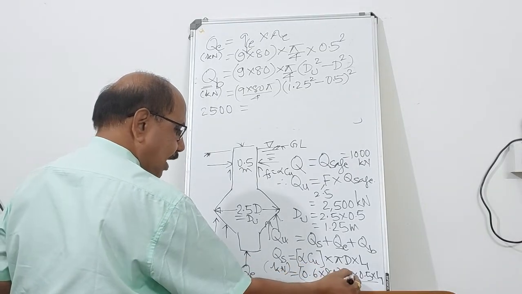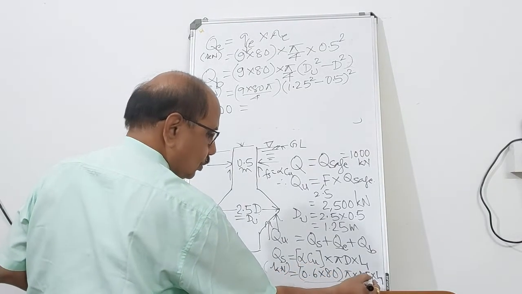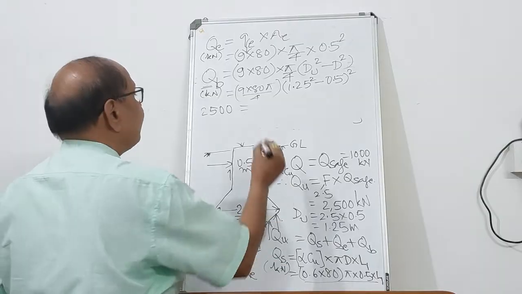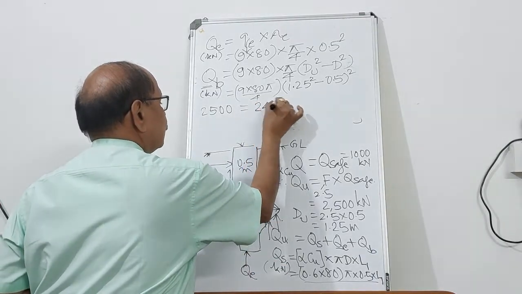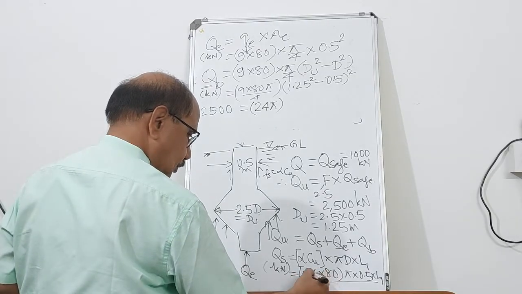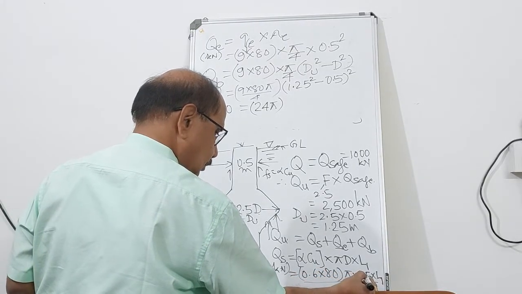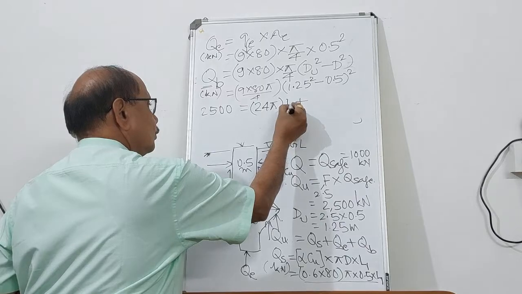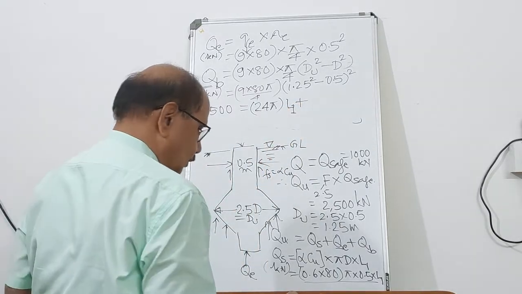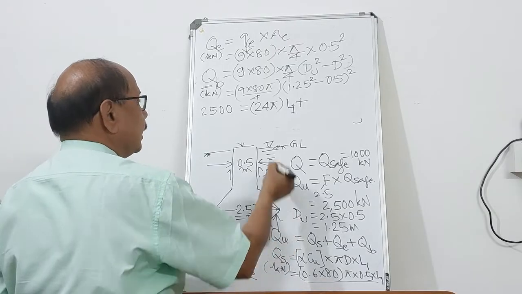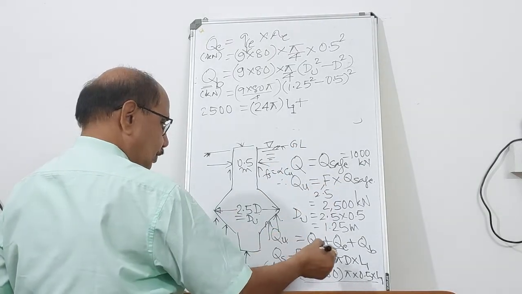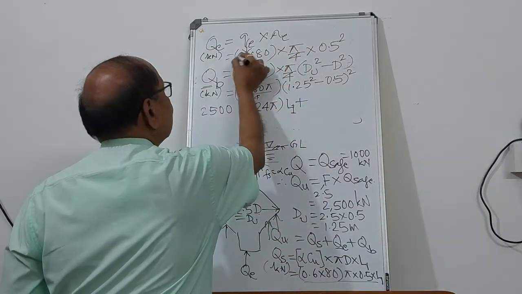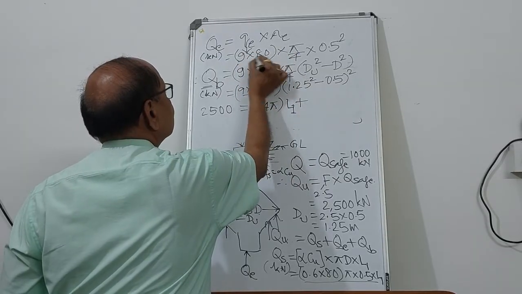This will be 48 pi into 0.5, so it will be 24 pi L1 plus the another term which you have already calculated, you substitute it.